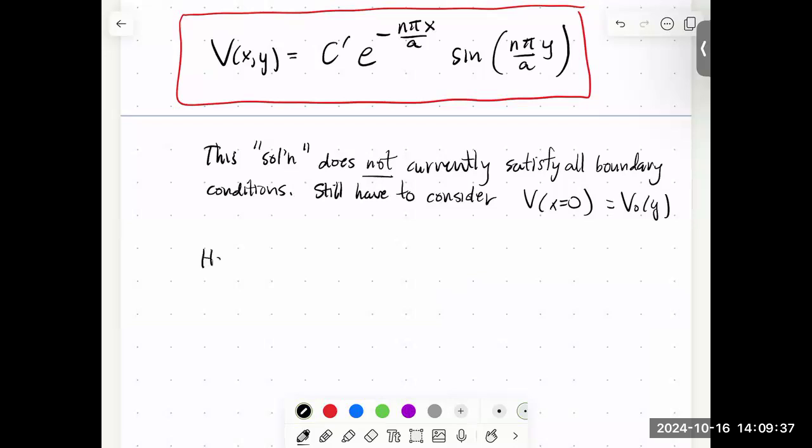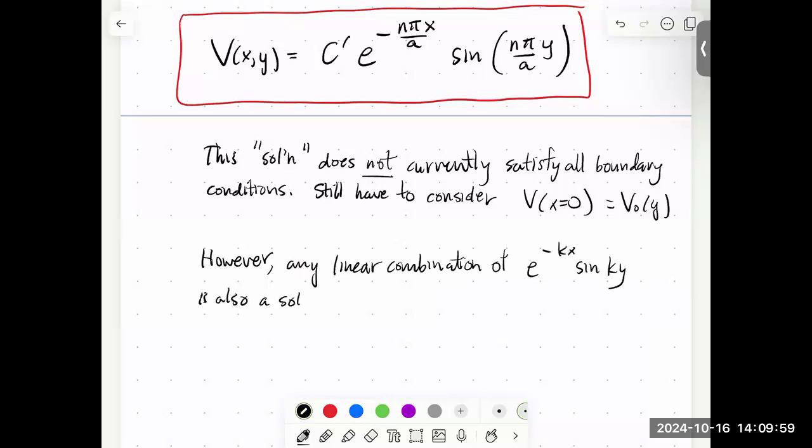So the trick is the following. Any linear combination of the, what do we have? e to the minus kx sine ky is also a solution to Laplace's equation.